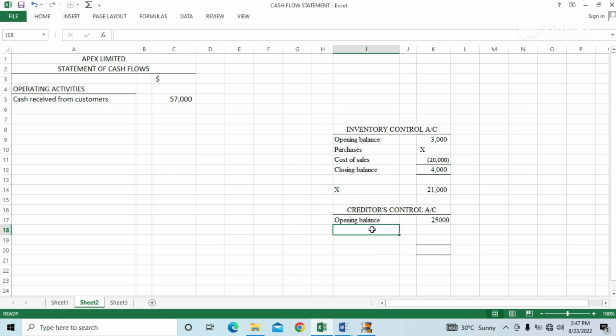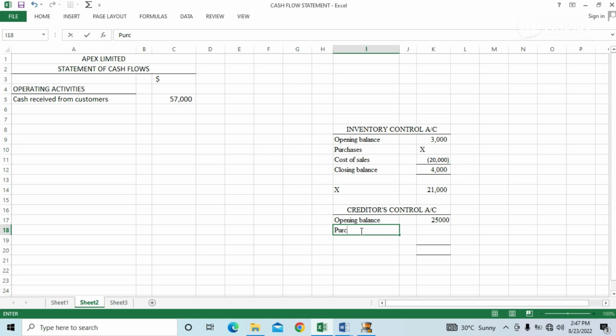Now, the current year, how much inventory do we purchase from them? That's this 21,000. We purchased 21,000 from them. So here is the use of the inventory control account. So we have purchases.